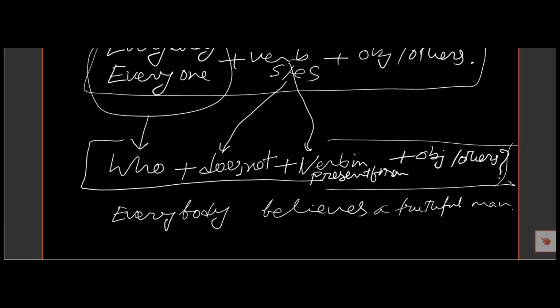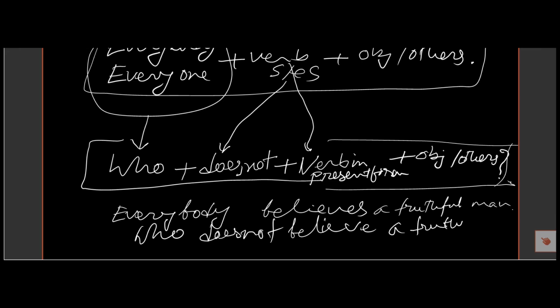So instead of everybody, we must use who, and "believes" is a verb, so after who there will be "does not", so who does not, and "believe" will be in the present form. Everybody who does not believe a truthful man, and the sentence takes an interrogation mark.